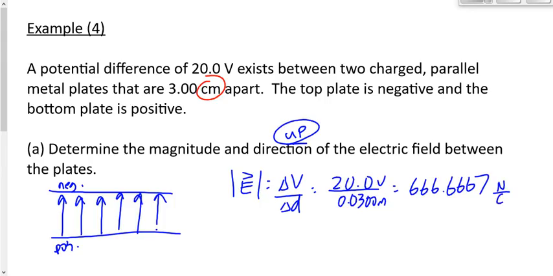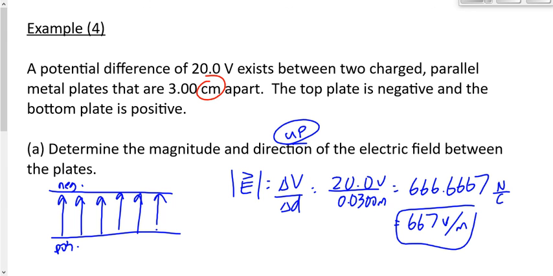What other units could I use for this? Look at my equation. What other units could I use for this now? Yep. Volts per meter. They're both exactly the same thing, so use whichever one you want. Keep using newtons per coulomb if you want, or use volts per meter if you want. They're interchangeable.